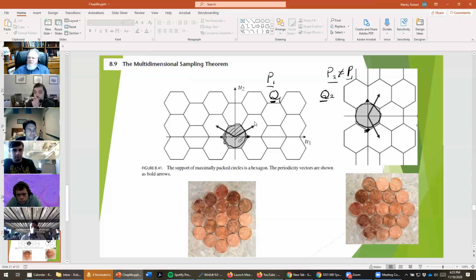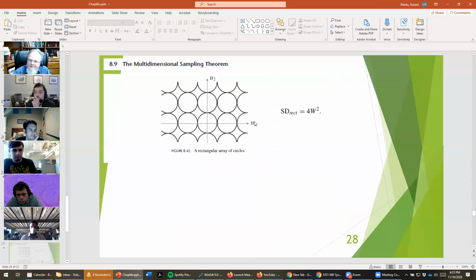And then it even gets more sloppy. This is very interesting. Let's suppose that we had circles that were rectangularly stacked. This has a sampling density of 4w squared. Now, what I'm assuming here is this is 2w, and this is 2w. So the two periodicity matrix vectors are what?